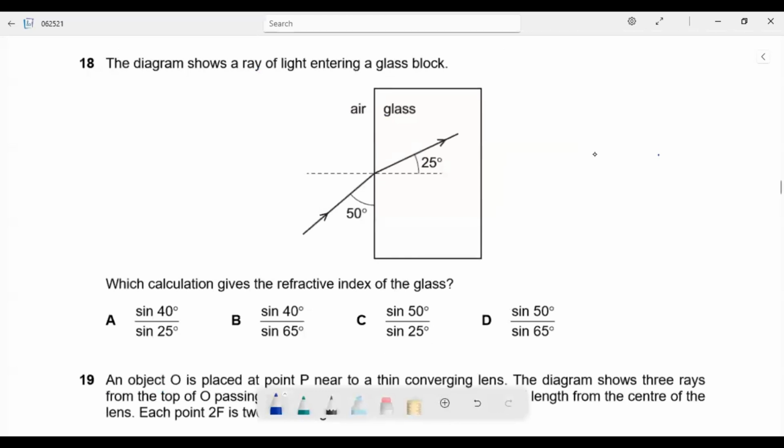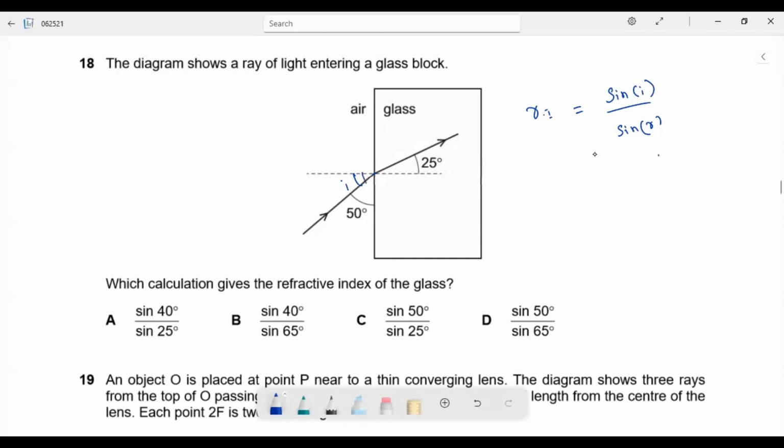Next, the diagram shows a ray of light entering a glass block. Which calculation gives the refractive index? So refractive index can be written as sine of incident angle by sine of refracted angle. Incident angle means the angle with respect to the normal. Here it is given 50 degrees, that is not the incident angle.